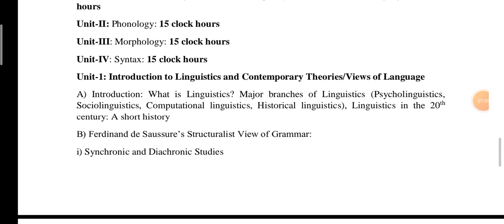In unit 1, Introduction to Linguistics and Contemporary Theories, Views of Language, there are some theories regarding language. The first is an introduction about what linguistics is and its major branches, for example psycholinguistics, sociolinguistics, computational linguistics, historical linguistics, and linguistics in the 20th century.